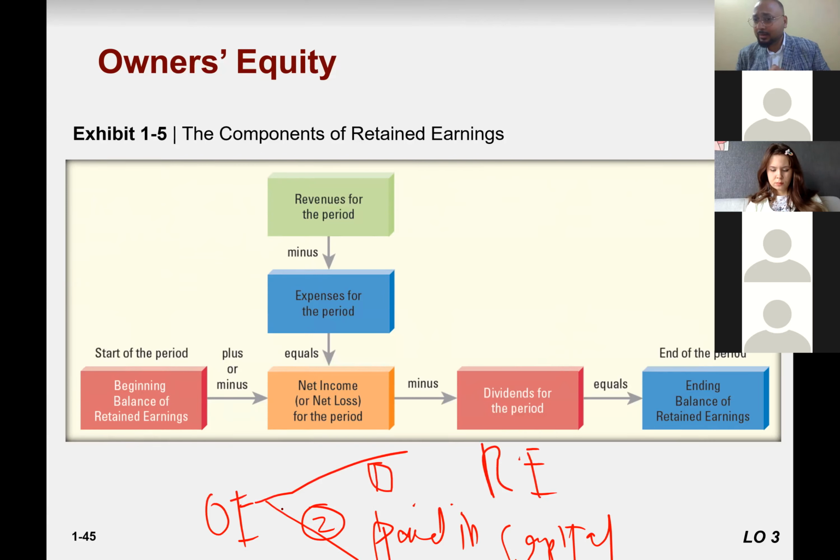Retained earnings are all those earnings that belong to owners that we kept inside the company and didn't distribute. So we retain them in the company.